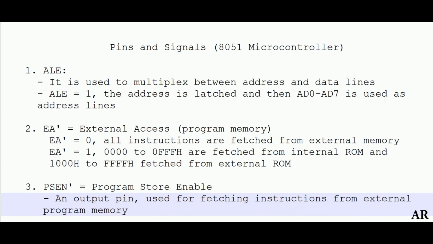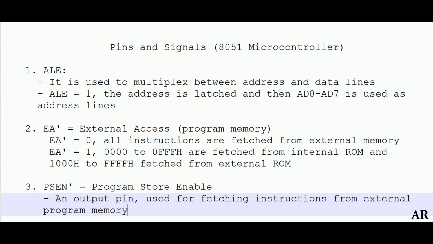So whenever your 8051 microcontroller wants to fetch instructions from an external program memory, this program store enable pin, which is an output pin, sends a signal to the external ROM connected to your microcontroller. Whenever this pin sends an output signal to your external ROM, that ROM understands that it is activated, and it should start sending the instructions to your 8051 microcontroller.